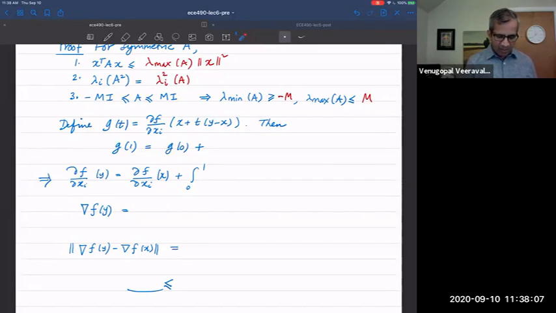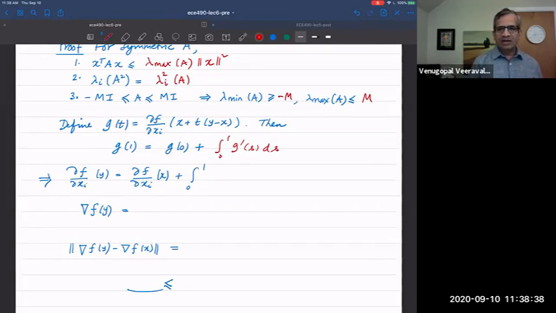If I want to write G of 1 in terms of G of 0, I can integrate the derivative from 0 to 1. This is the fundamental theorem of calculus, how you relate integrals to derivatives. Is it the first or second? I keep forgetting. So G of 1 is G of 0 plus the integral from 0 to 1 of G prime of s.